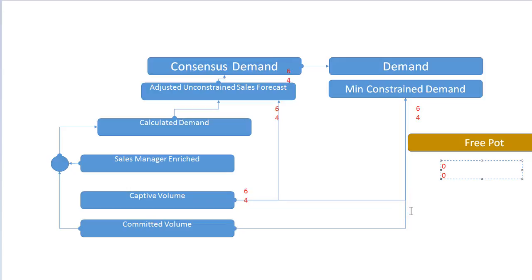It is important to mention that all these calculations regarding negative free pot, free pot itself, all can be seen in the base version without the need to copy the information to other versions in the supply plan operator.